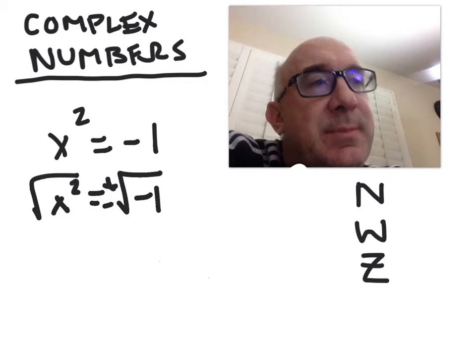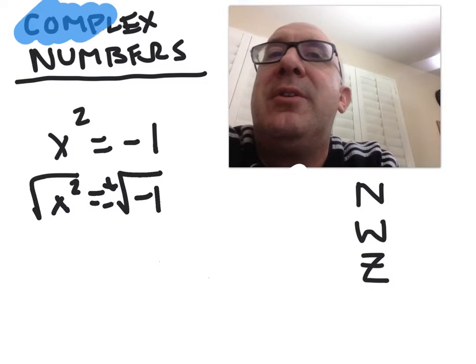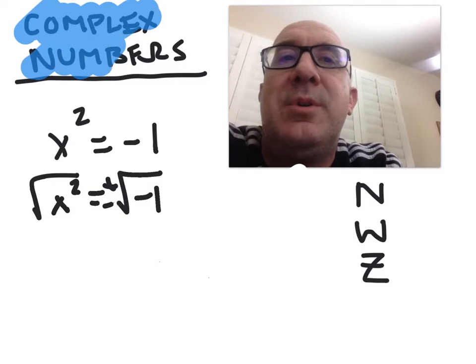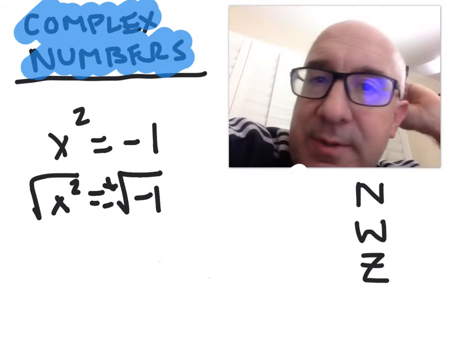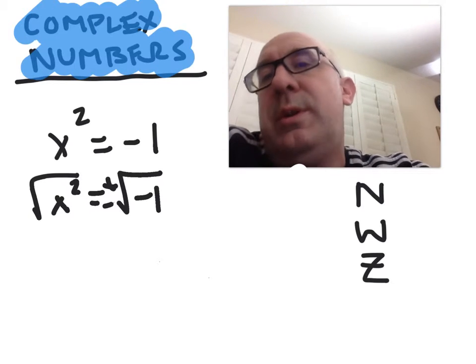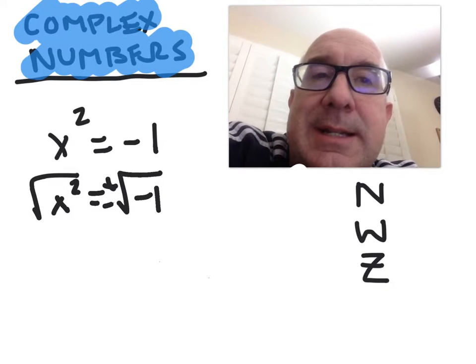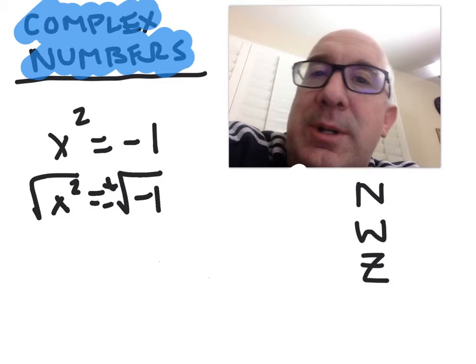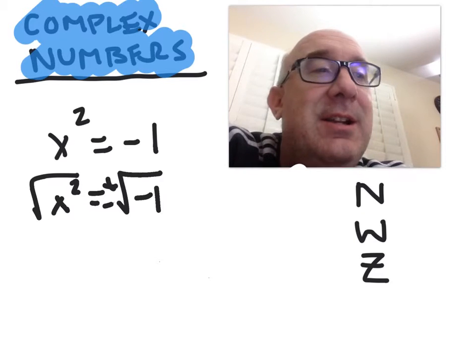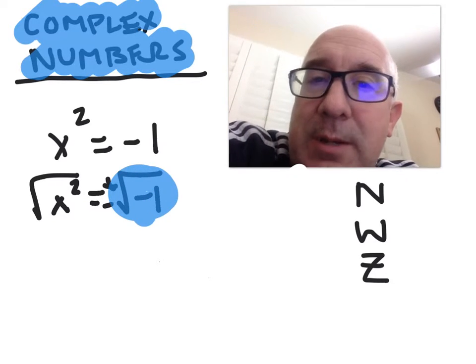We're going to expand our number system to something even bigger than the real numbers. Now, the real numbers are the guys that you've been using for years: square roots and fractions and negatives and integers and whole numbers and all of those things, decimals and repeating decimals and all that. Well, all of that included a lot of numbers, but it did not include your ability to take the square root of -1.